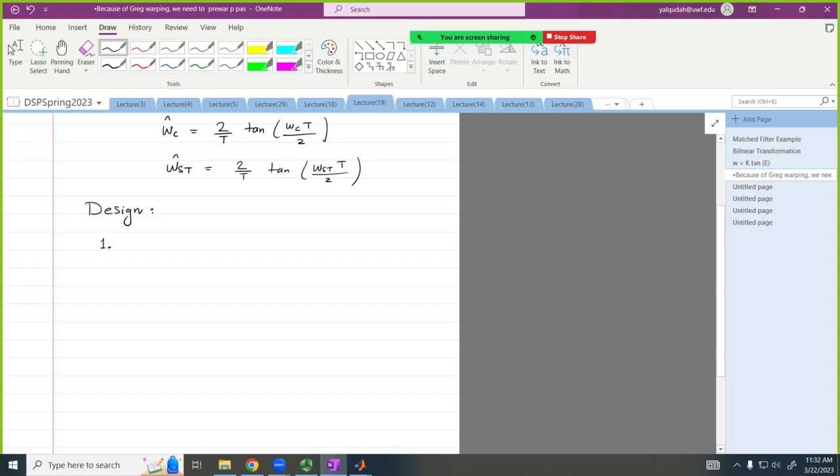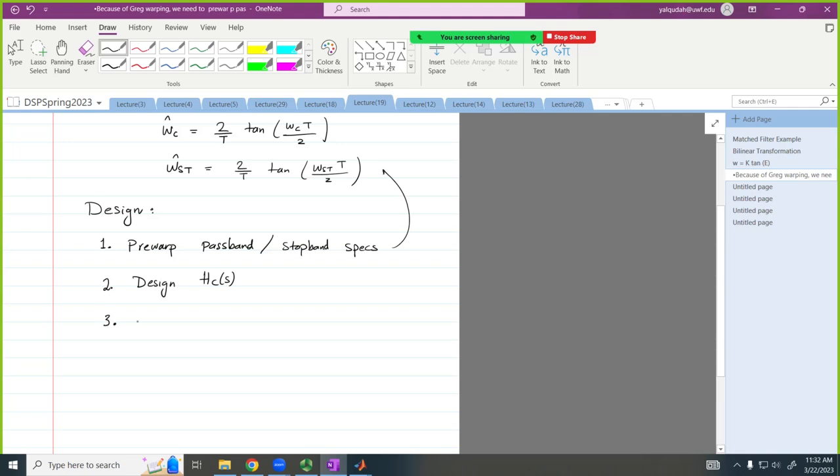So the first step, when we design the filter, we're going to pre-warp the pass band and stop band specification using the formula that we just had here. The second step, we're going to design our continuous filter using the pre-warped frequencies.